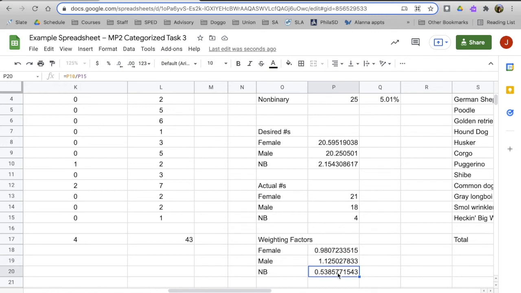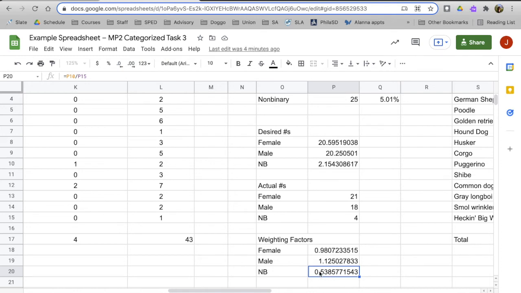I will note that while the female weighting factor is very close to 1, and the male weighting factor is pretty close to 1, the NB weighting factor is actually pretty far away from 1. It's just above 50%. It's just above 0.5.